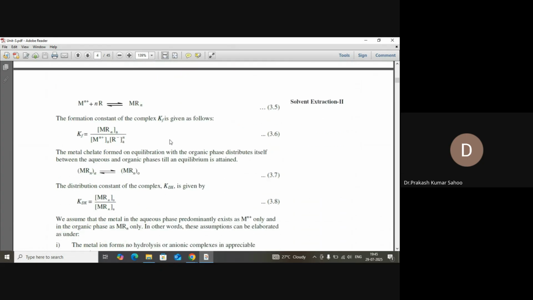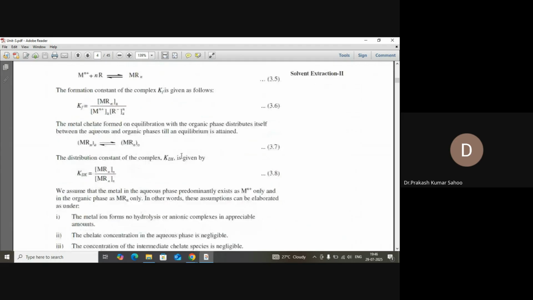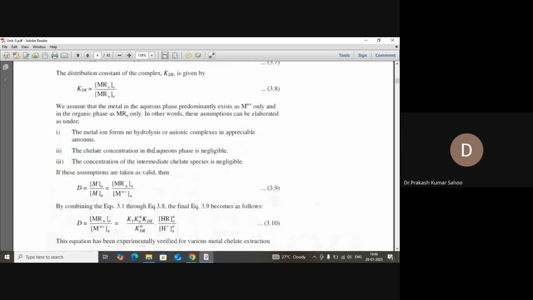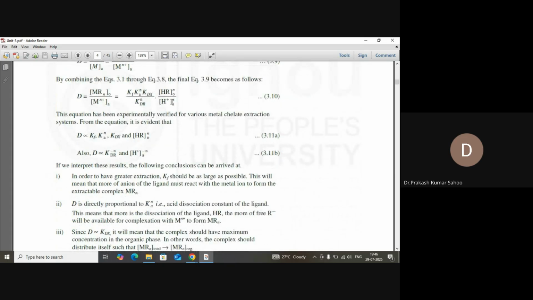So when R minus donates its electrons to the metal center, then we will get MRn. So what is the formation constant? MRn concentration divided by Mn plus concentration times R minus to the power n. Similarly, the equations are made here, and we have the final distribution constant equal to MRn organic divided by MRn aqueous. And at the end, we have this equation, 3.10.